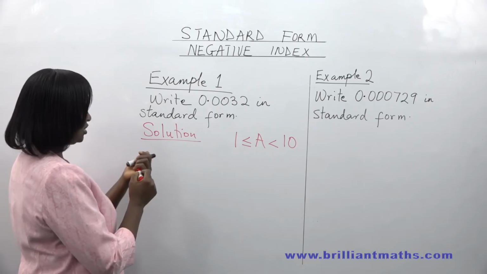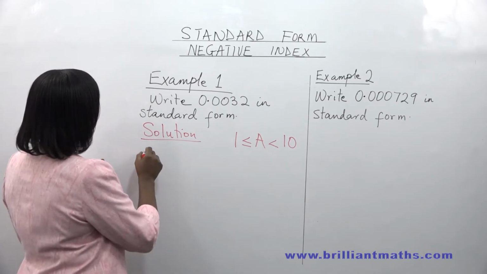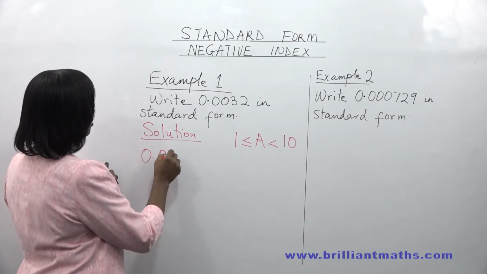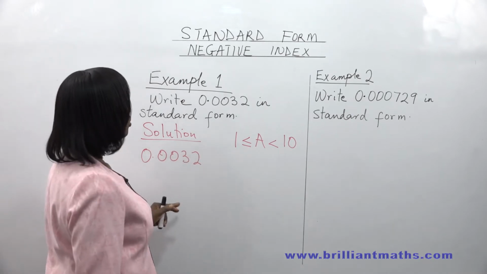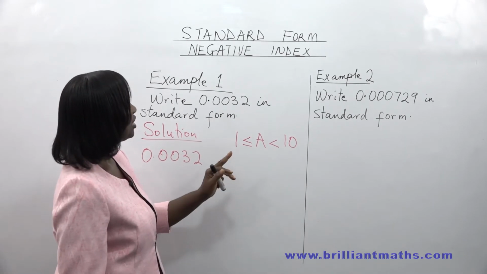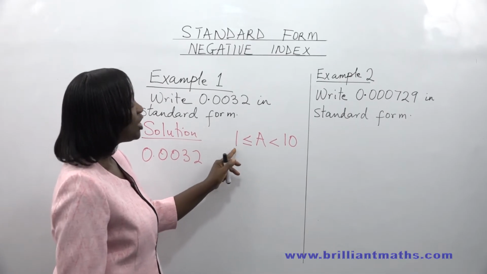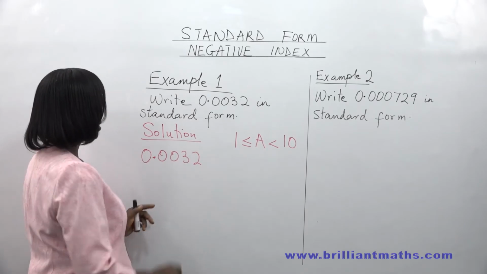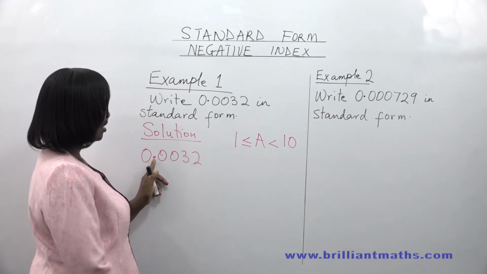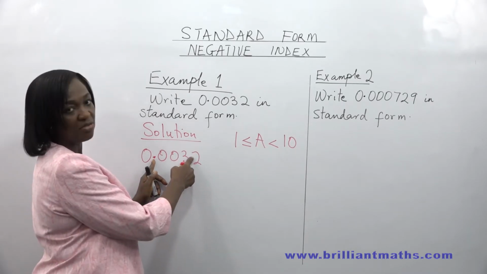Our number is 0.0032. So a must be greater than or equal to 1. So we need to move the decimal point from here to after 3.